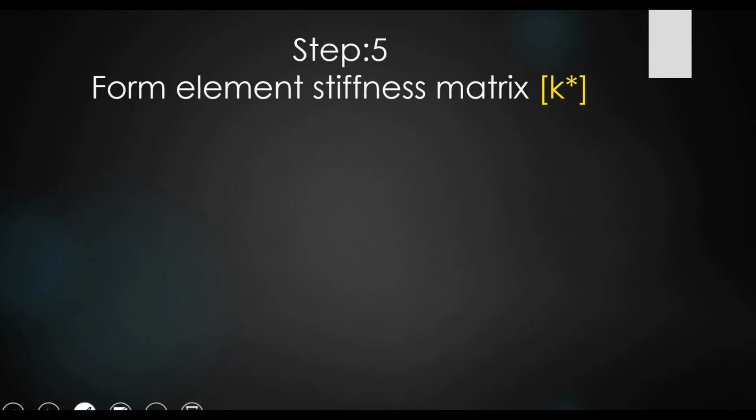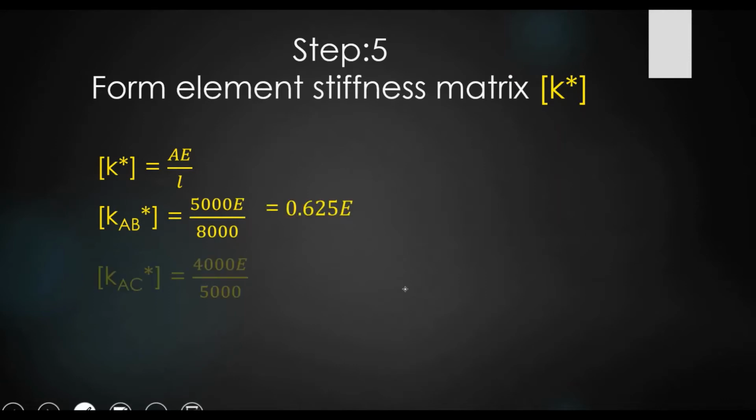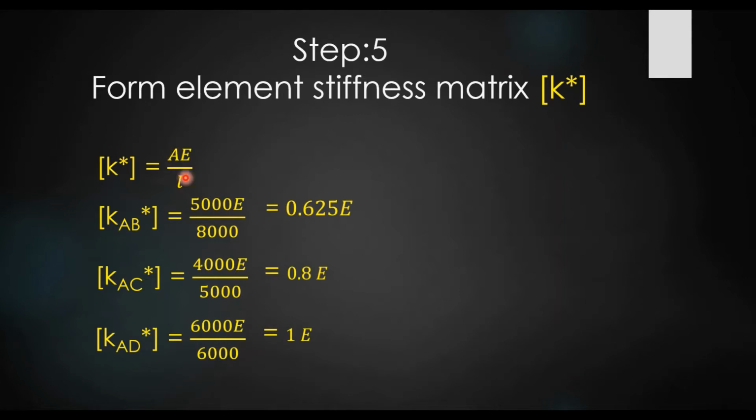Okay. Now moving to the fifth step, that is to develop the element stiffness matrix. We have three members, so AB, AC, AD. Just write down area of AB divided by length of AB into E, area of AC divided by length of AC into E, area of AD divided by length of AD into E. So this will give you the values 0.625, 0.8 and 1.